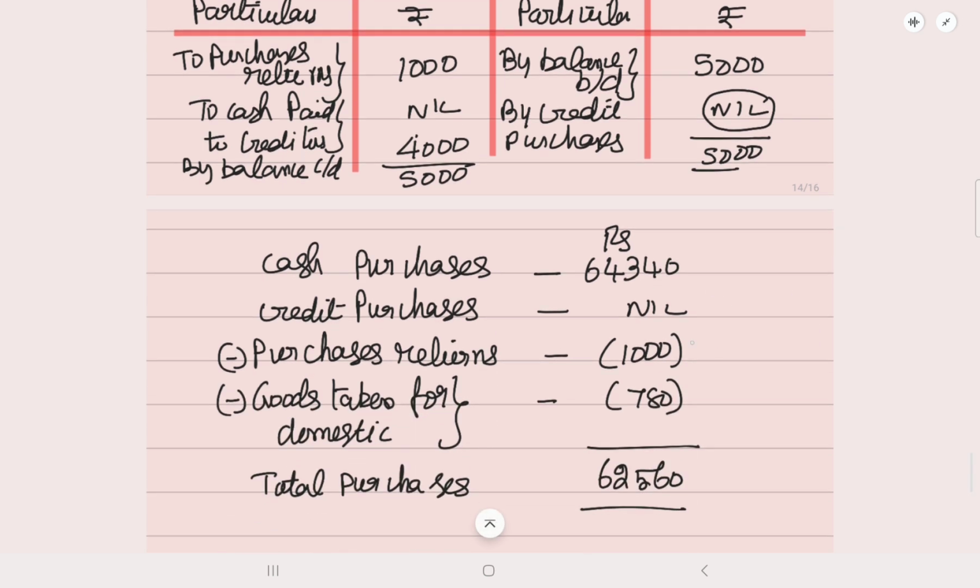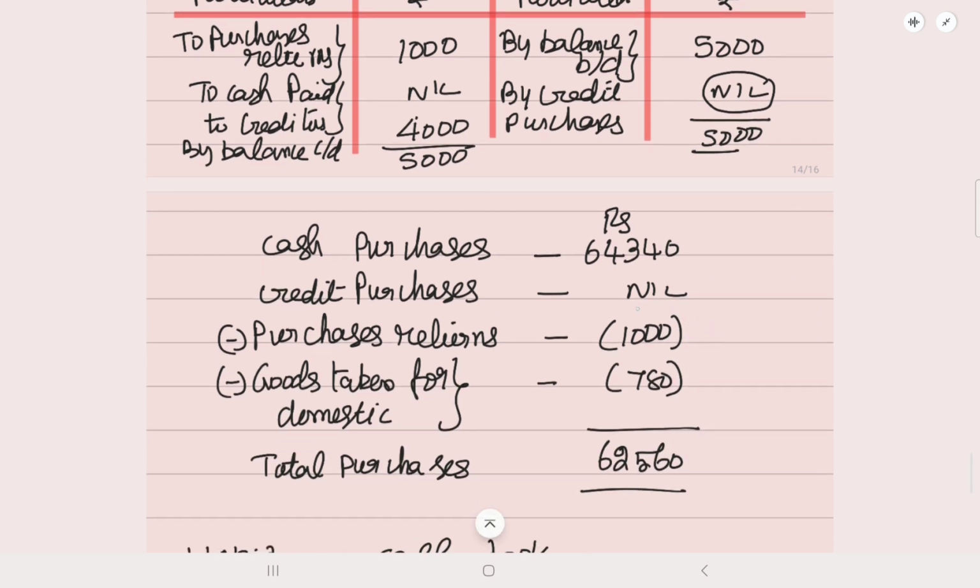Less purchases return 1,000 and goods taken for domestic purpose. Here goods taken for domestic purpose, no amount is paid to the business. Therefore, it should be subtracted from the purchases, 780. So, total purchases 62,560.